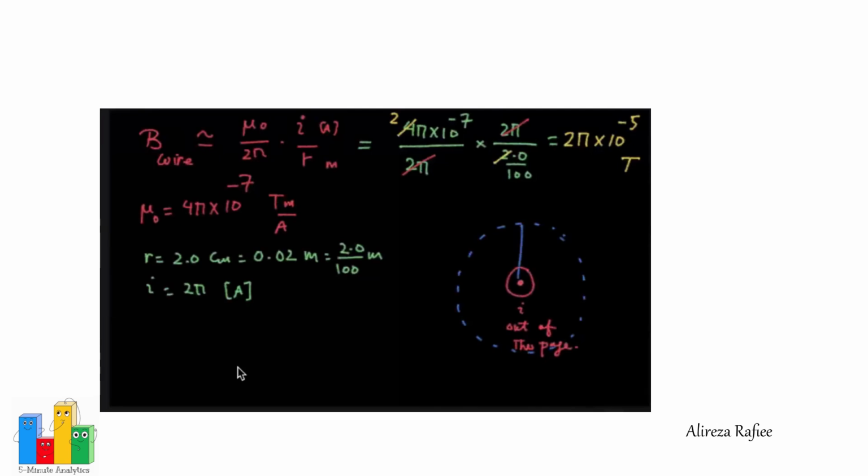And so at distance r, this magnetic field at this point would be to the left. At this point would be down. At this point below the wire would be to the right. And on the right side of it would be upward. And the magnitude of this magnetic field will be equal to this value we calculated here, 2 pi times 10 to the power minus 5.